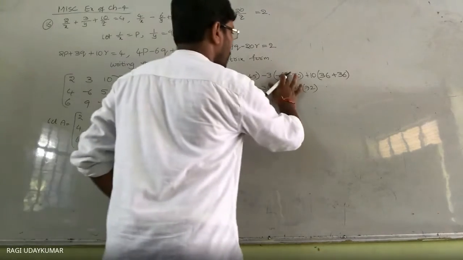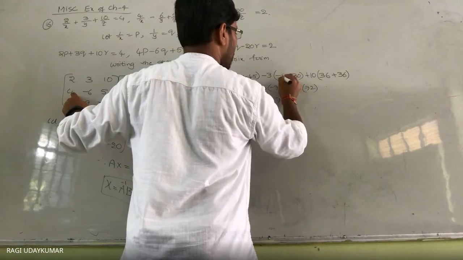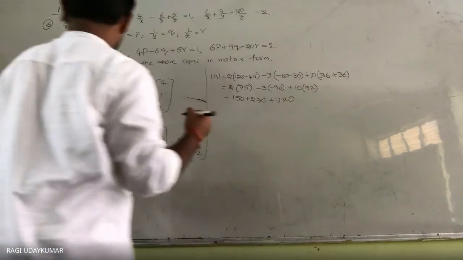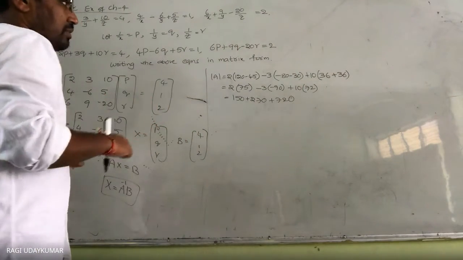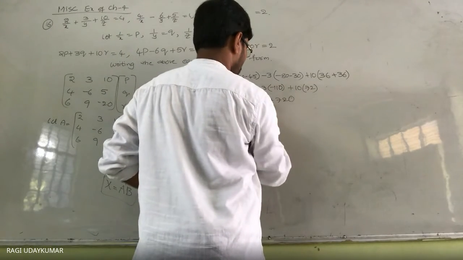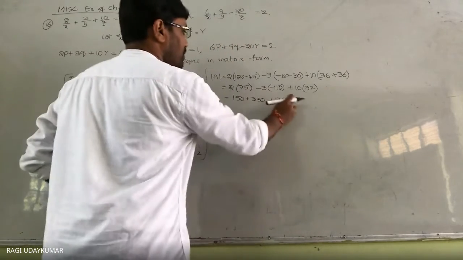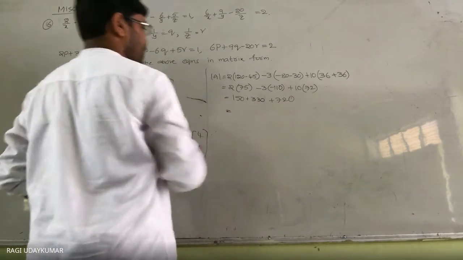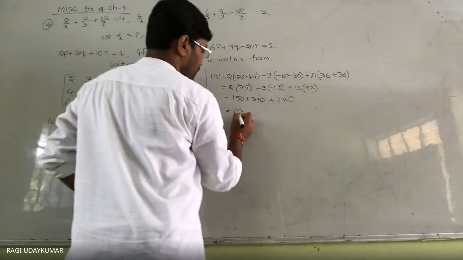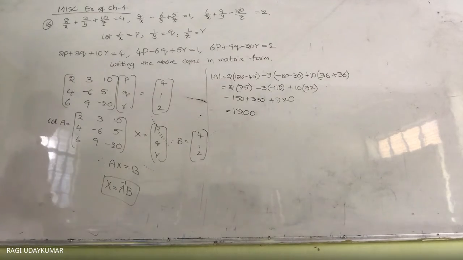Sorry. 20, 2 4 the 8. 80 आएगा. 6 5 the 30. So minus 110 आएगा. So here we are going to get plus 330. 30 plus 20, 50. Yes. Now we are going to get around 1200. We will get it.